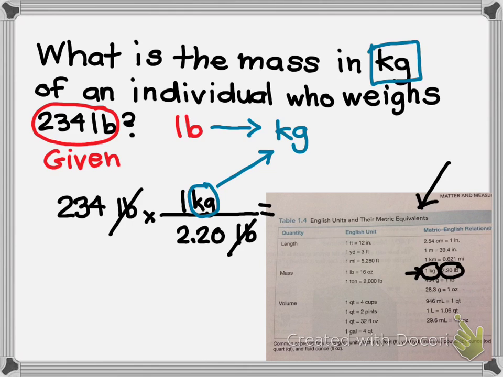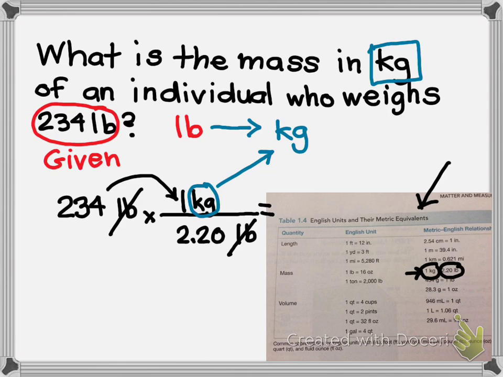So in my calculator, I end up multiplying 234, and then it would be times this 1 on the top, but times 1, it would still be 234, so I don't really have to enter that in my calculator.